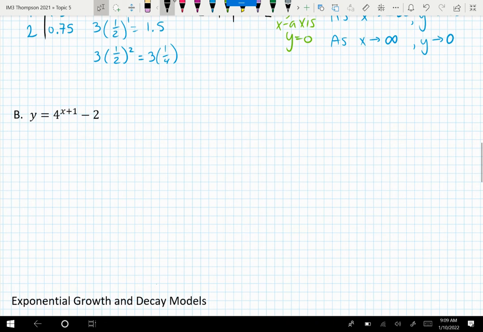Same thing as before. I'm going to make a table, pick some values of x, and plug them in here. This is where our knowledge of exponents and order of operations are going to be crucial.